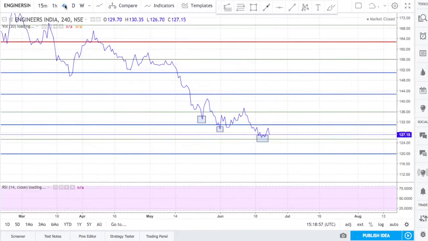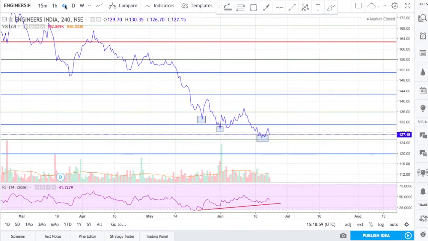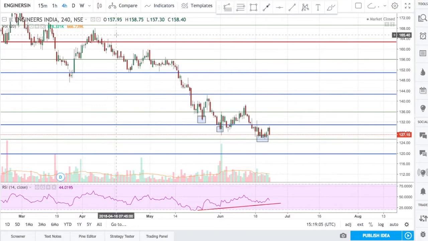So that gives us added confirmation that the intensity to the downside is reducing and the stock might be readying itself to push into higher levels. Okay, so now we have our setup in place.